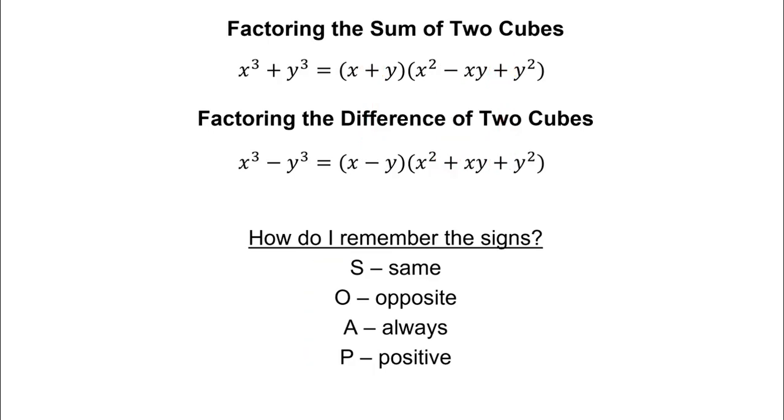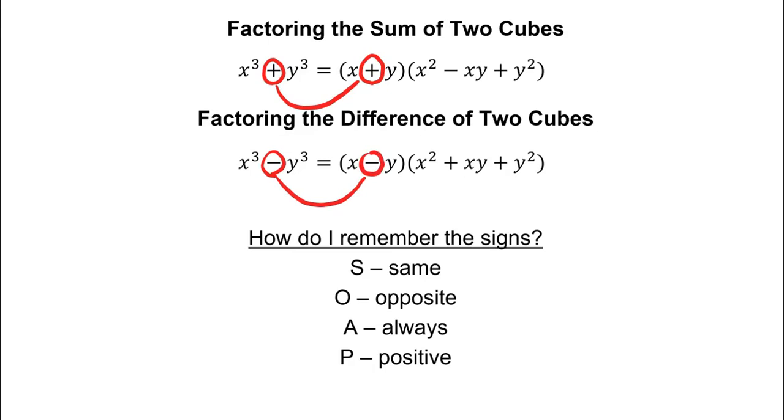The S in the acronym SOAP stands for same. So if I'm factoring a sum of two cubes, then my first sign that I come across has to be the same as the one I started with. If I'm factoring a difference of two cubes, the sign between the two terms in the binomial factor has to be the same.